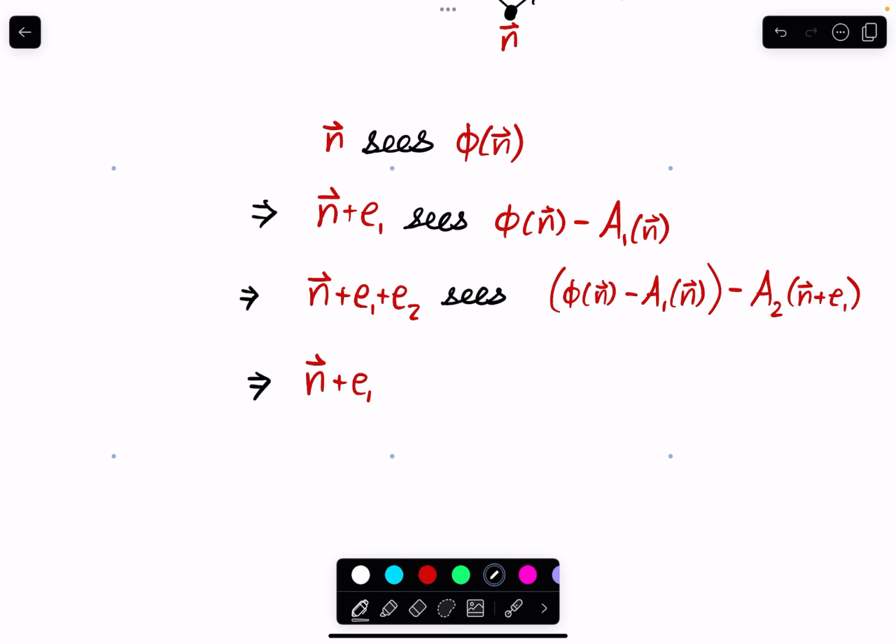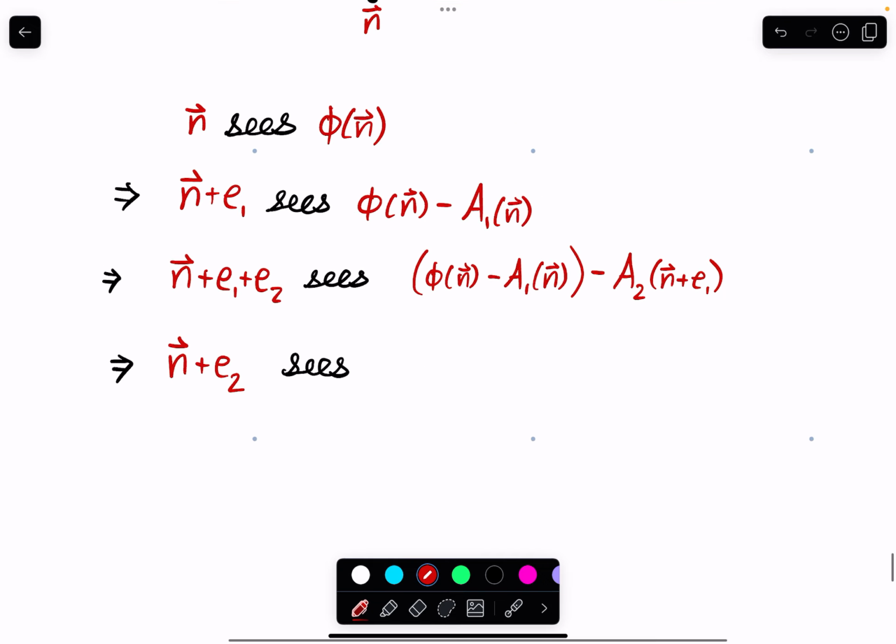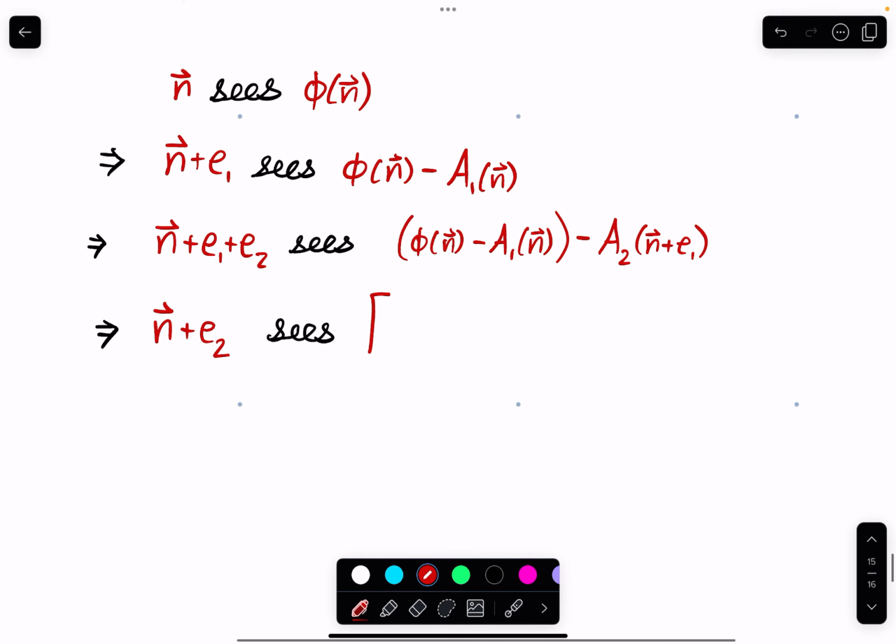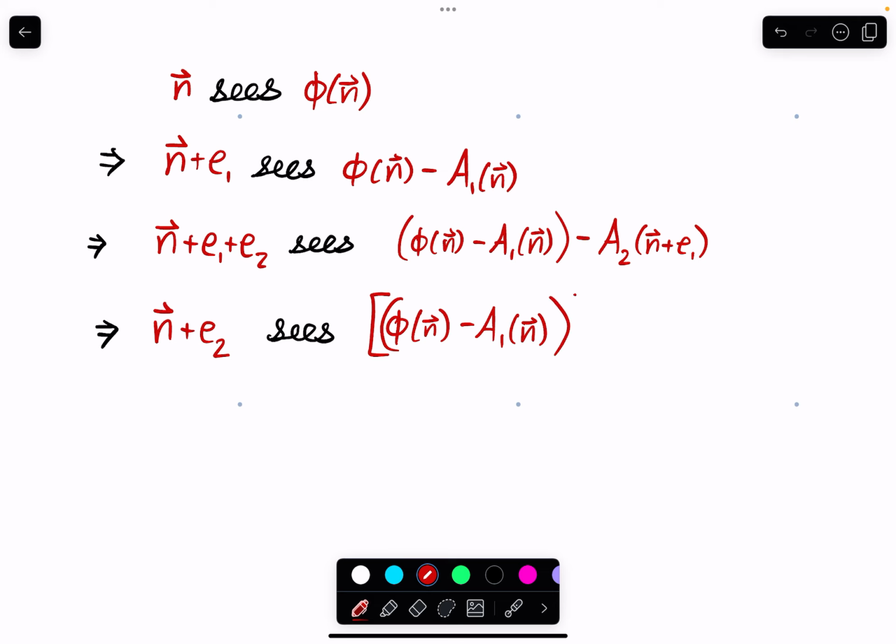Actually, sorry, here we're subtracting e1, so it'd be e2. It sees phi of n minus A1 minus A2.